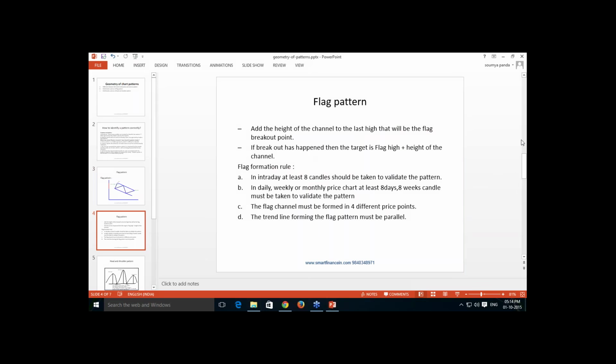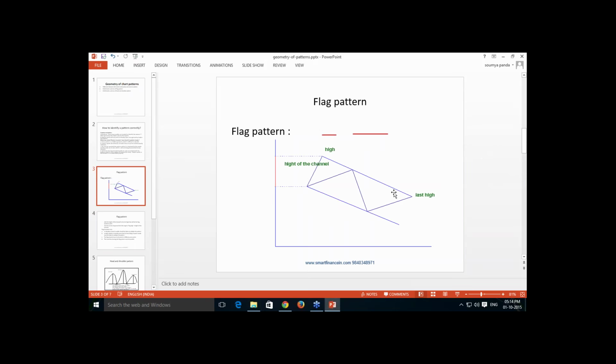Whenever we talk about how we can identify the trend, the last high plus the height of the channel will be the flag breakout point. So here your last high is this one. If you add this to the height of the channel, whatever price results, that price will give you the breakout.